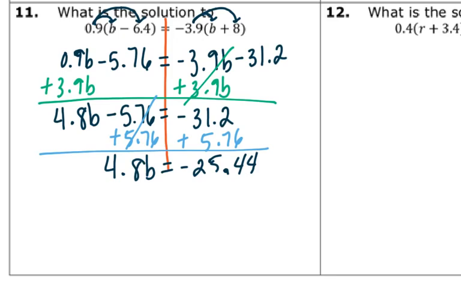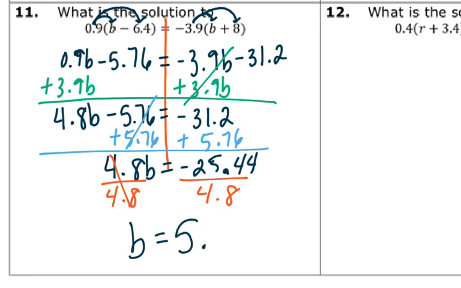In our last step, we get b by itself by dividing 4.8 and dividing 4.8. You can use that calculator, negative 25.44 divided by 4.8 leaves you with a number 5.3.